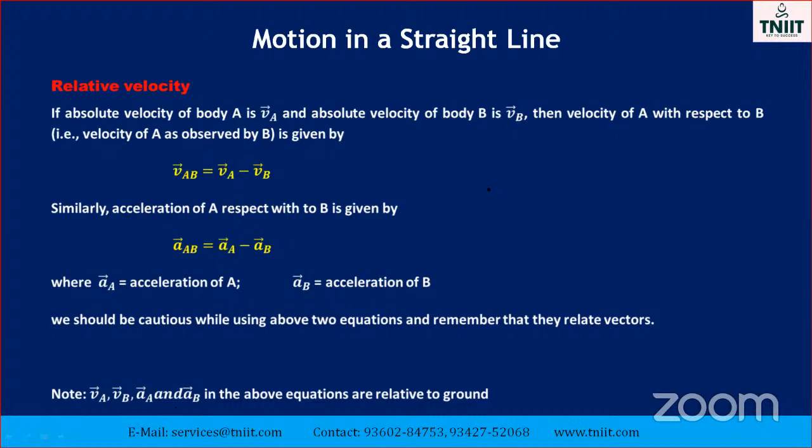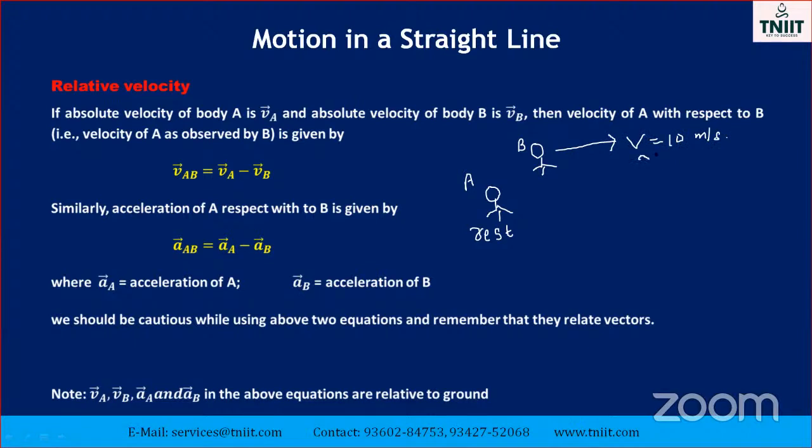Suppose this is the observer, let us say observer A. Now, there is one more person, that is B. Person A is at rest. Person B is moving with a velocity, let us say 10 meters per second.